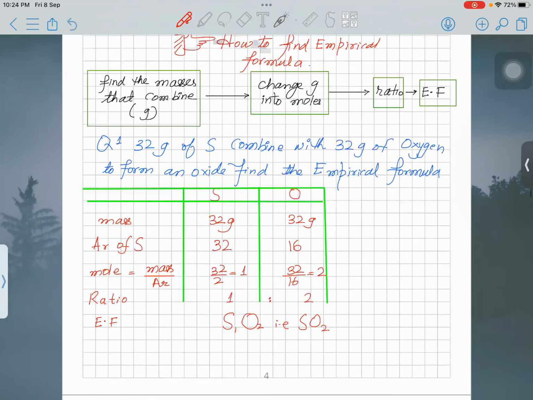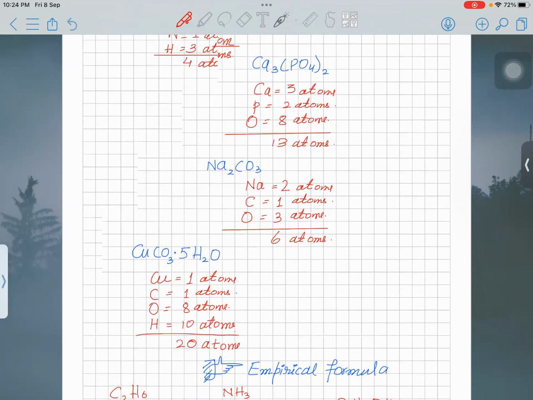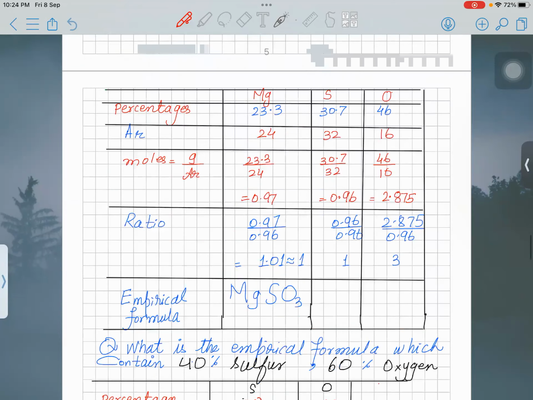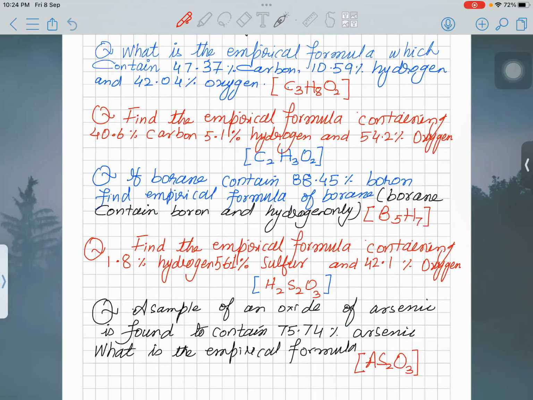Sir, yes, for question 3, the boron one. If boron is 88.45, meaning hydrogen would be 100 minus 88.45. Yes, exactly. So I got 8 to 11.55 as the ratio.